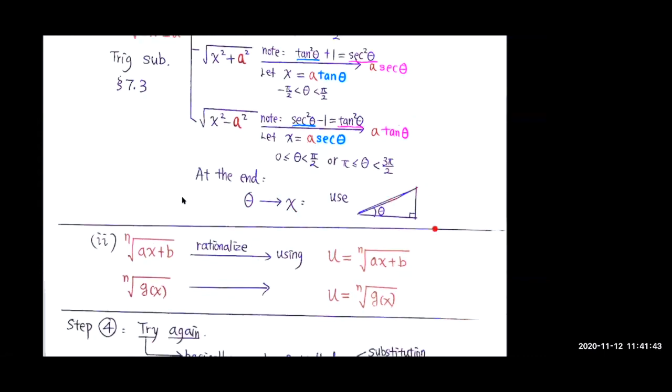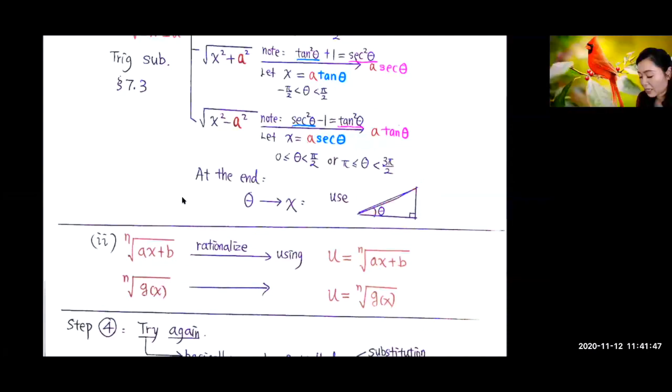We use the right triangle, whatever trig sub you have. For example, here, secant theta will be x over a, and you label this angle theta. Secant theta is hypotenuse over adjacent, so this is going to be x, and this will be a.